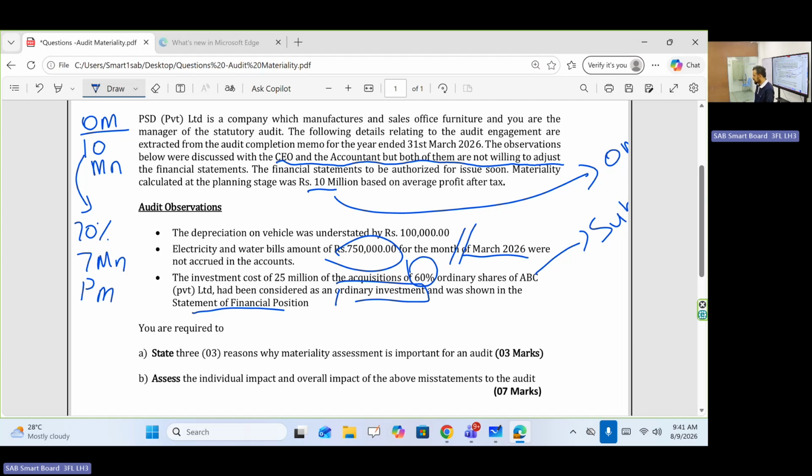And first of all, the company did not perform consolidation accounts by considering ABC Private Limited as a subsidiary.